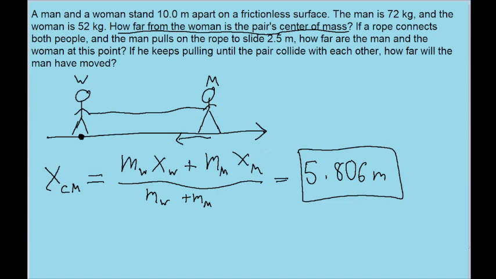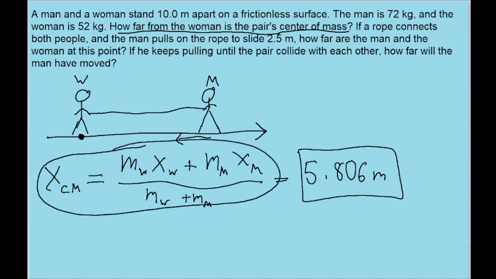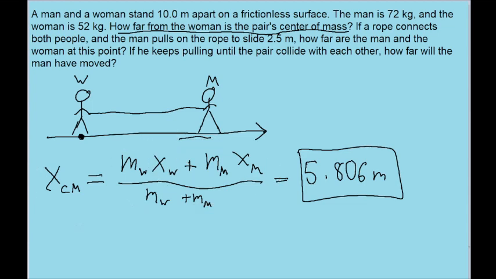Fortunately though, since the center of mass location won't change, and we just found that location, we can simply take x_cm to be 5.806, and then use this exact same formula again, except this time solve for the position of the woman. So let's solve for x sub w.